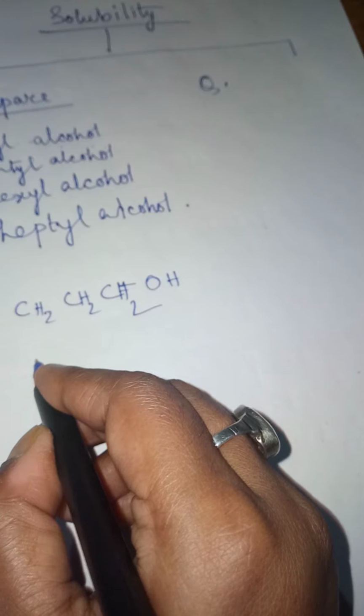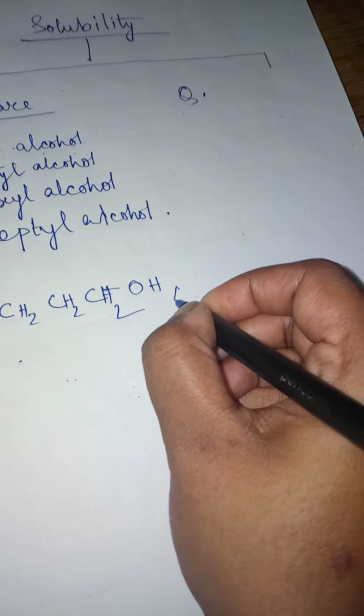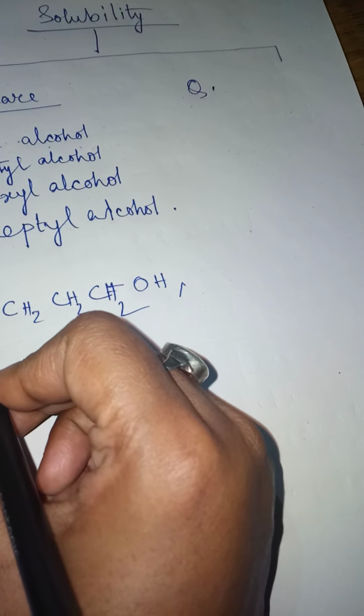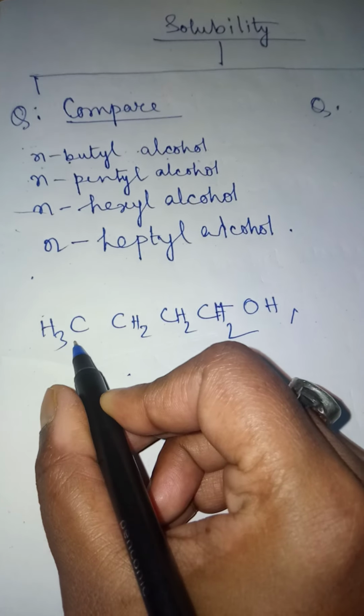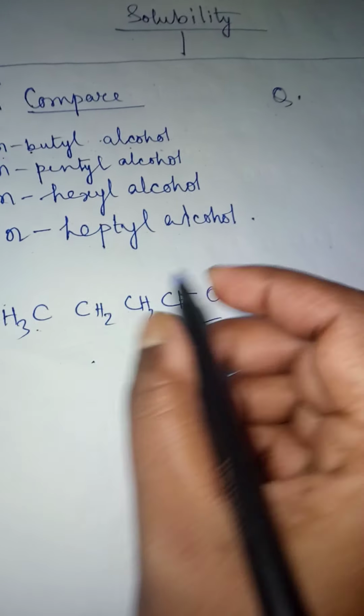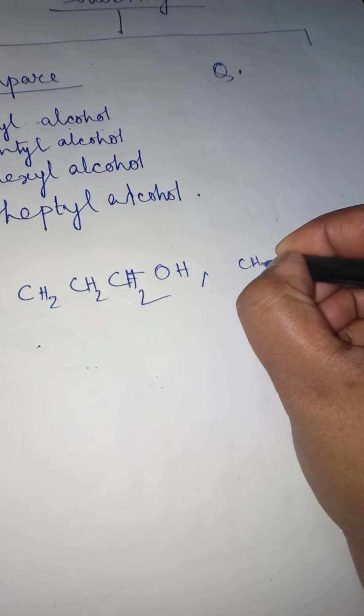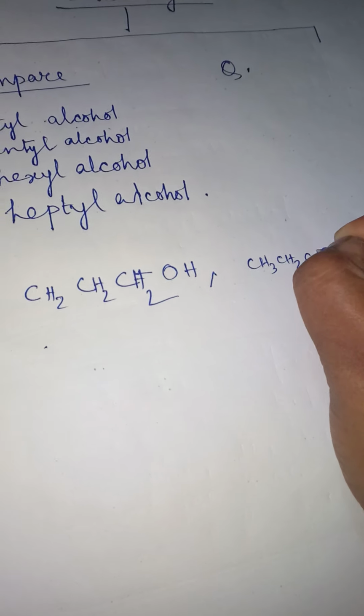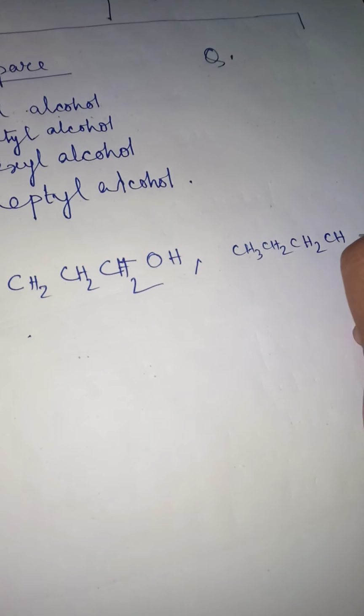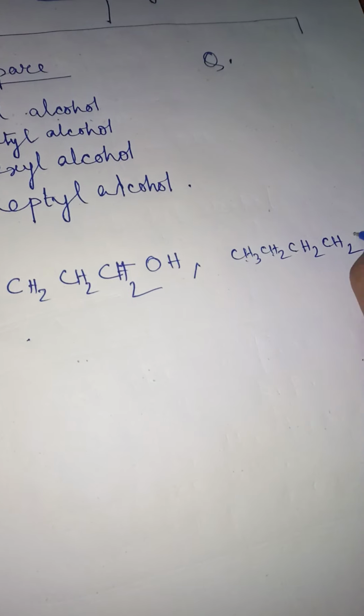This is n-butyl. Another one I said is n-pentyl. What will n-pentyl alcohol be? Only 1 carbon extra: one, two, three, four, 5.